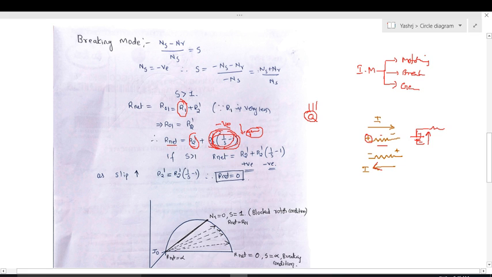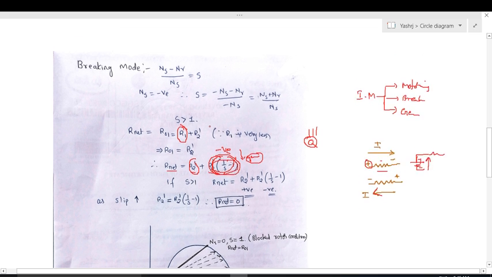After applying the braking, the motor comes to rest position, where 1 by S is 1, which is the block rotor condition. So this value will be 0, and only this one exists.